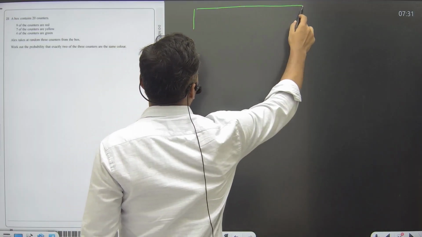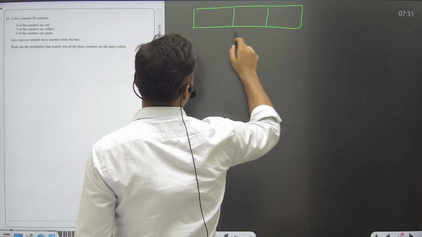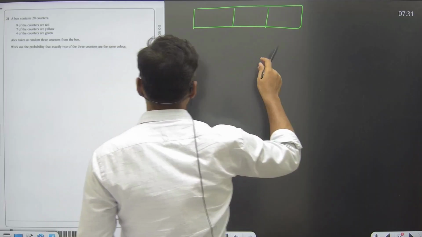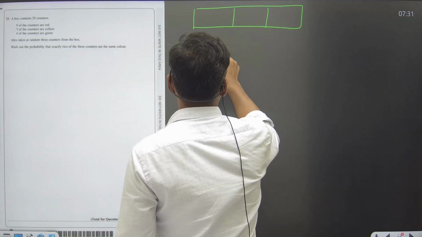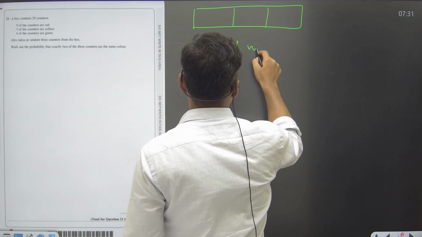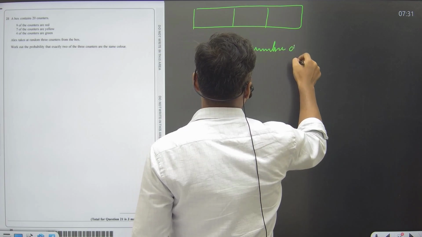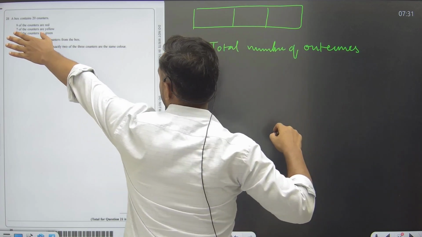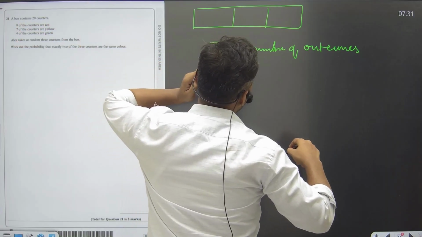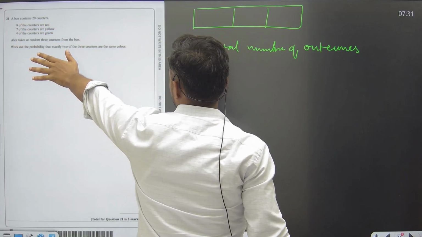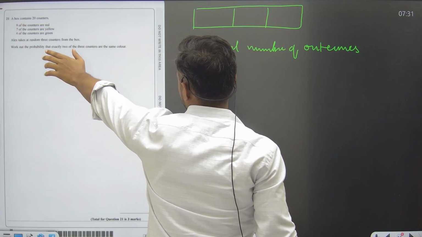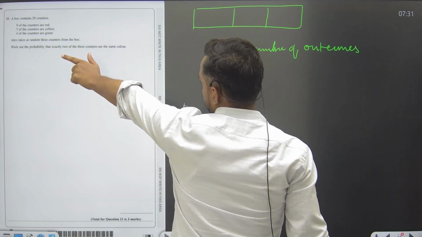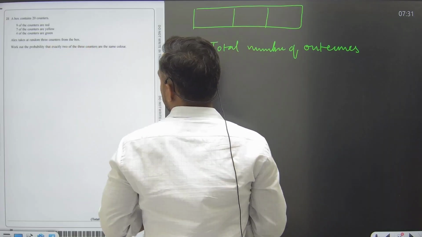See here, there are 3 counters, students. First we need the total number of possible outcomes. There are 20 counters, out of which we want to choose 3 counters.